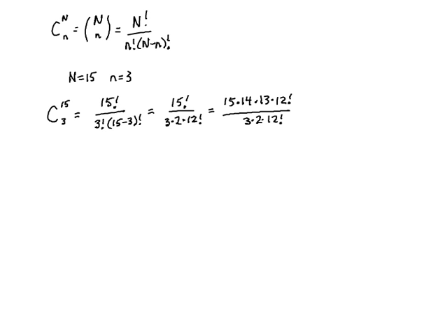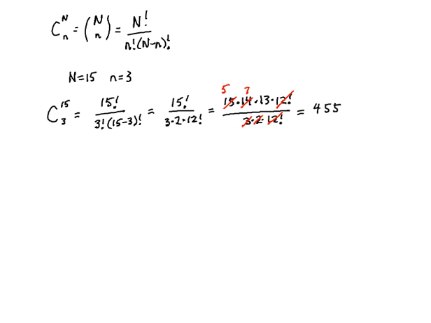So getting a little bit of cancellation, 3 goes into 15 5 times, and 2 goes into 14 7 times. So we end up with 7 times 5 times 13, which is 455.